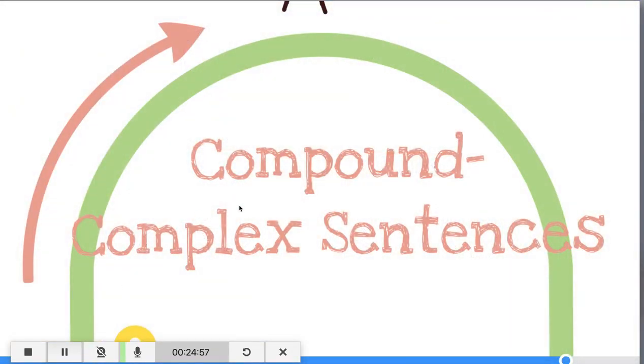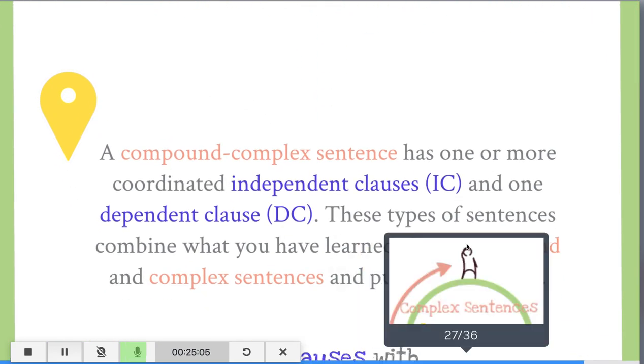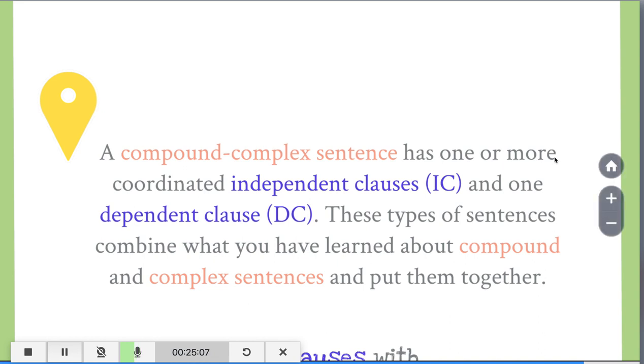So, compound-complex sentence. Dun dun dun. All right. Now, a compound-complex sentence has one or more independent clauses, so simple sentences, and at least one dependent clause, so the baby sentence, right? The unfinished, incomplete thought.